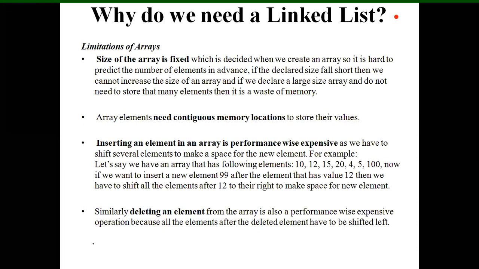Another important point is that array elements need contiguous memory locations to store their values. That means continuous storage locations need to be allocated for the array. Memory space should be allocated in a sequential fashion.